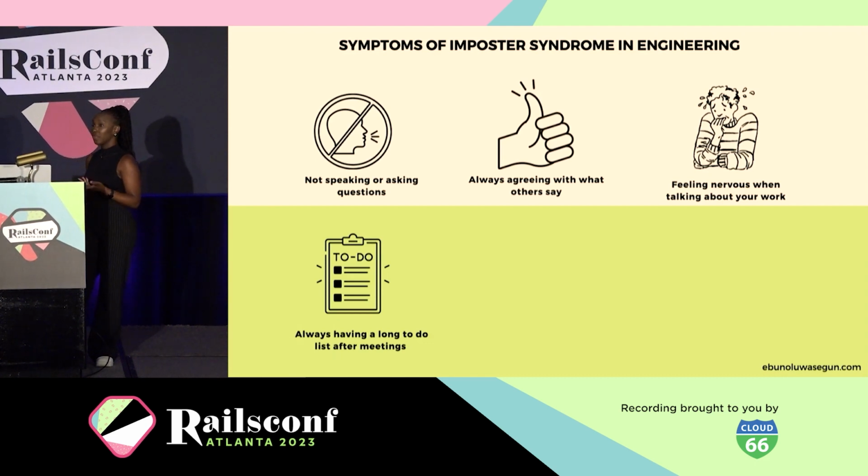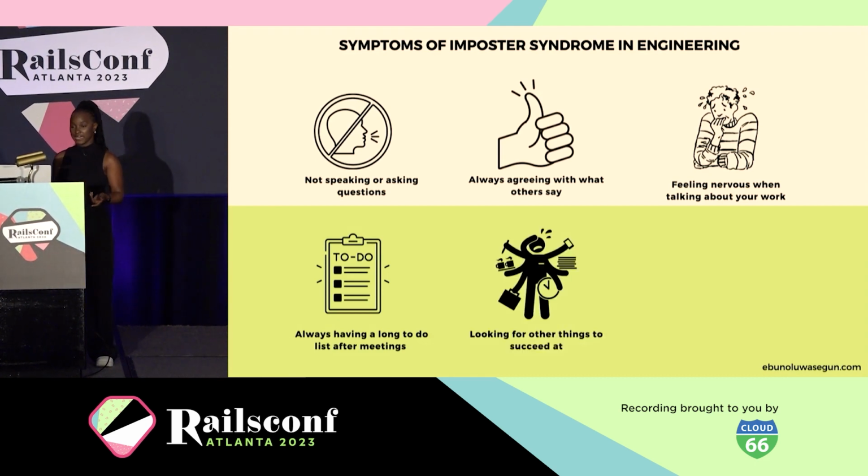Another symptom of imposter syndrome is looking for other things to succeed at. And I'm not saying that multitasking is wrong, but I'm also saying that you need to examine the motive behind looking for other things to succeed at.